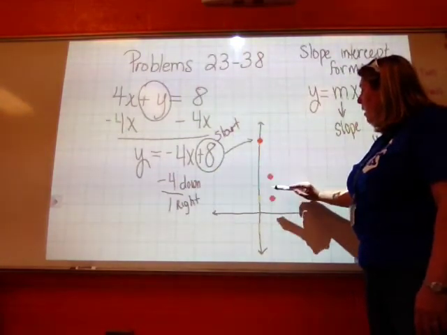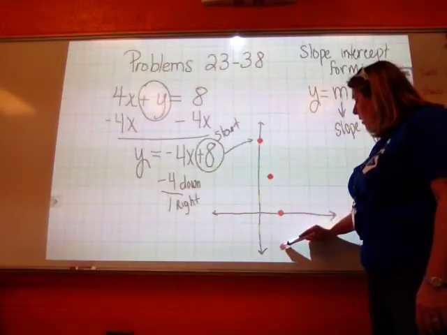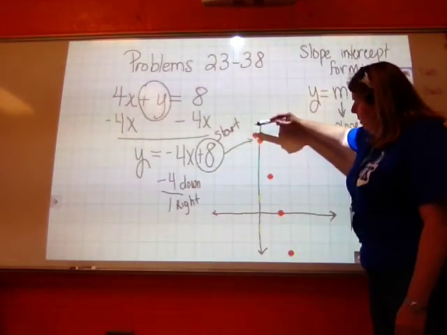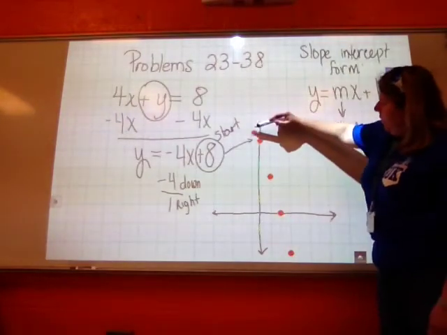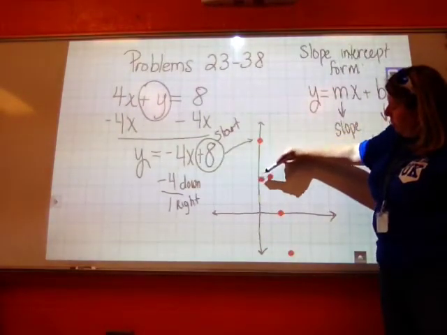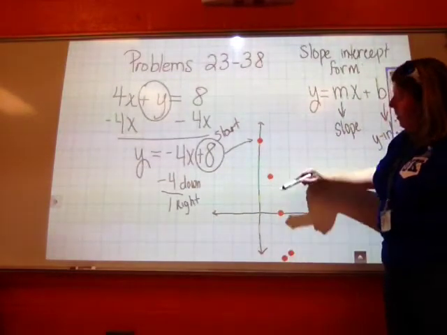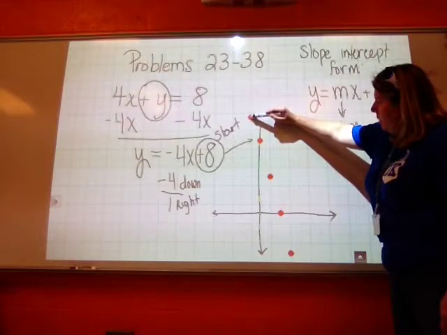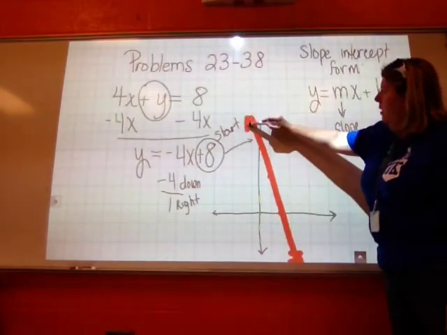I'm then going to move to the right 1, and I'm going to do that again. And then I would be able to get my ruler and draw my linear equation there.